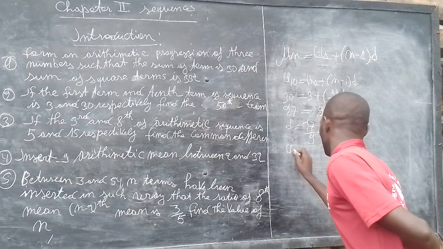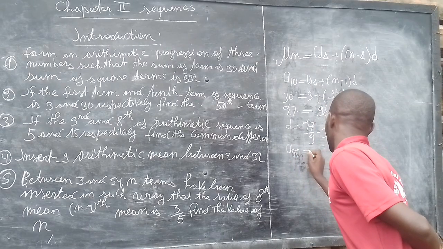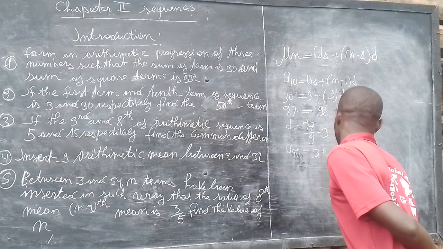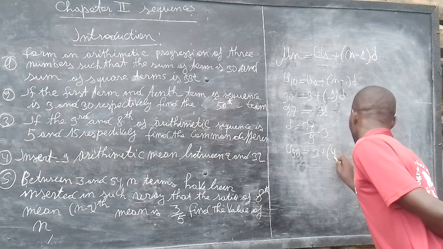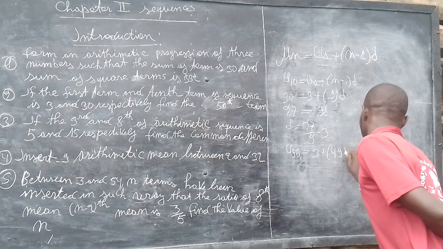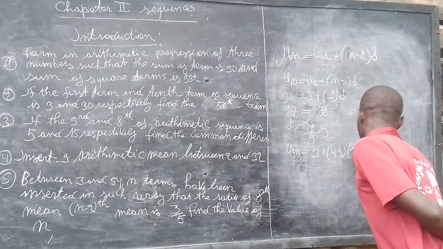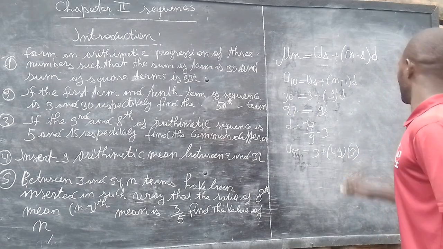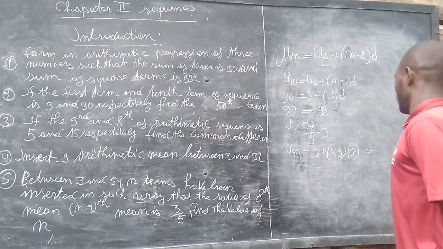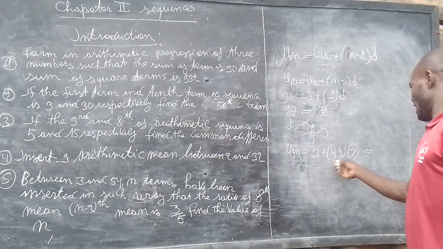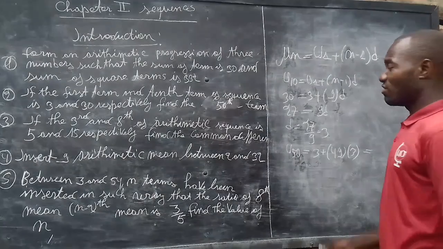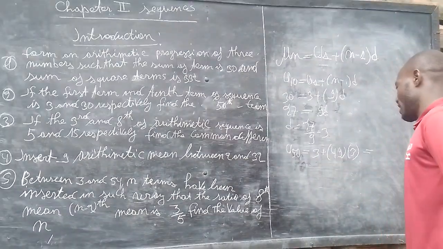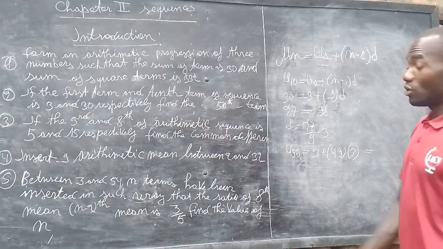U50 will be equal to 3 plus n, which is 50, minus 1, which is 49, times 3. Then 3 times 49 is 147, plus 3 equals 150.